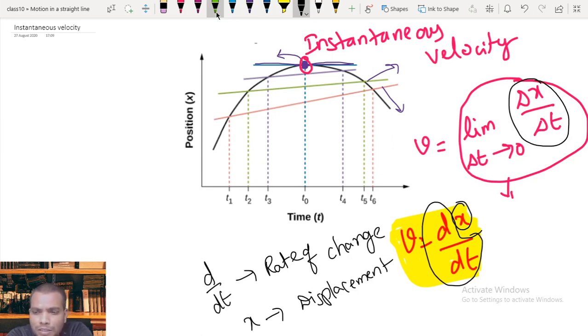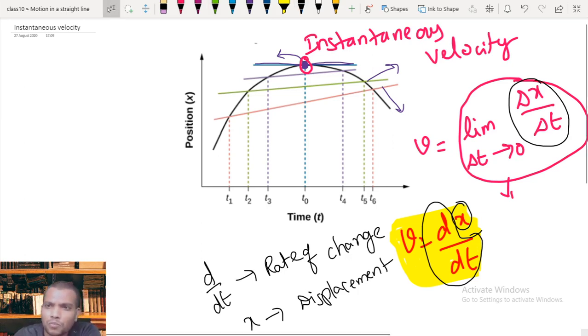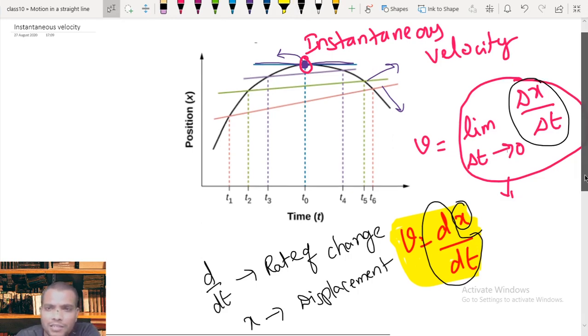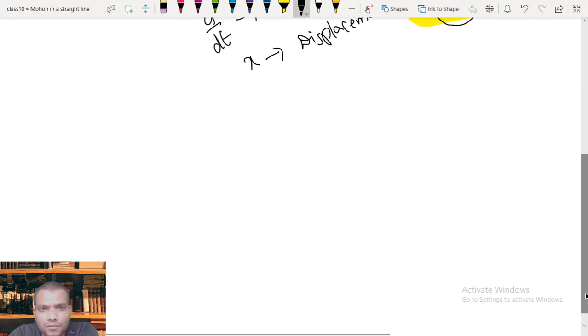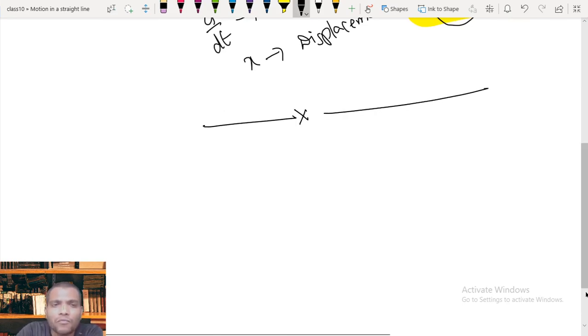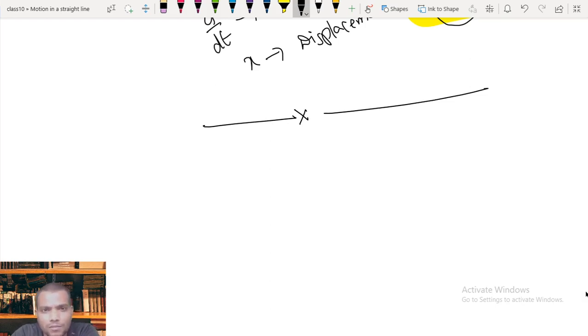With respect to t, we need to develop a new method to find instantaneous velocities. That is known as differentiation. Differentiation can be done for a given function by using certain formulas. Here x is a variable, it can change.